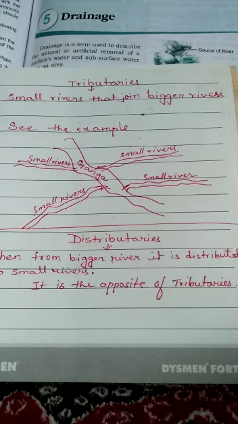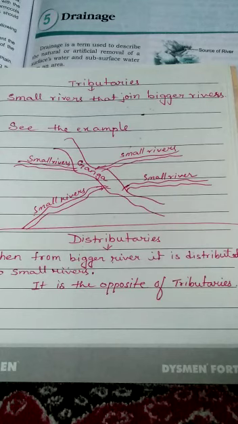When the smaller rivers come out from the Ganga, they are known as distributaries. We can also say they are exactly the opposite of the tributary.